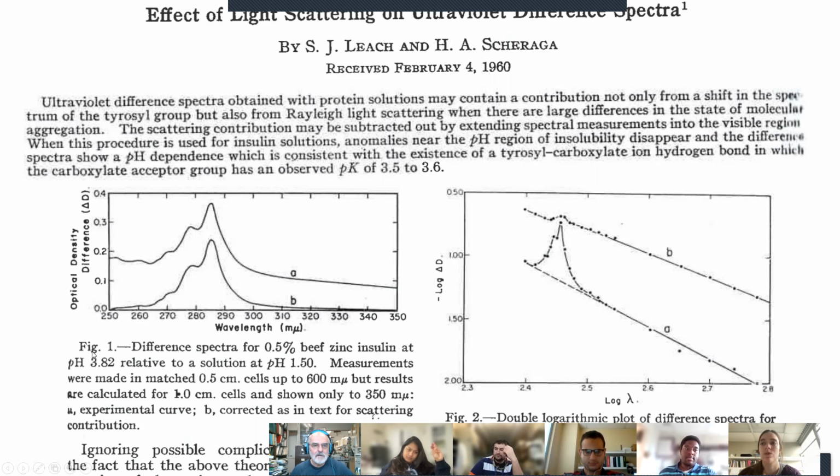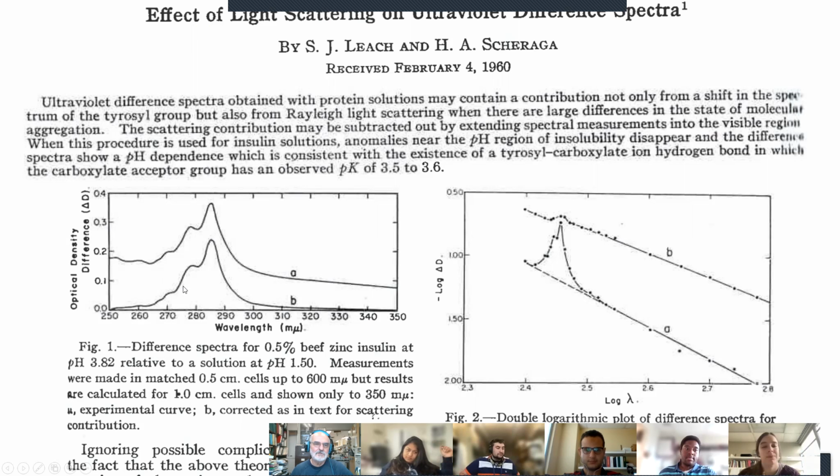This is a comparison of an absorption spectra for a particular sample in a 0.5 centimeter cell. It shows data from 250 to 350. You can see the peaks in the sample. So the resolution here is pretty good.